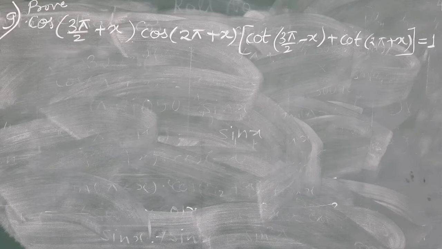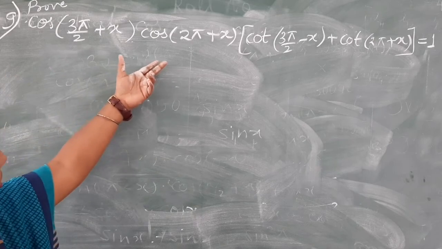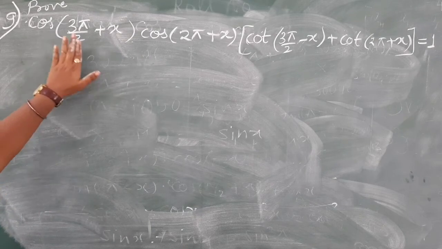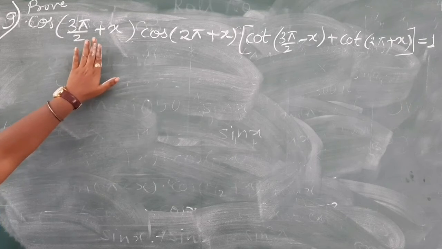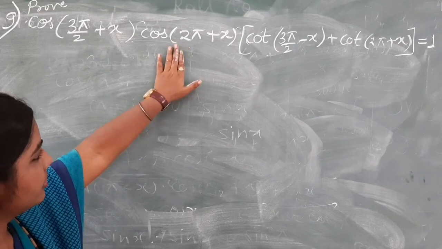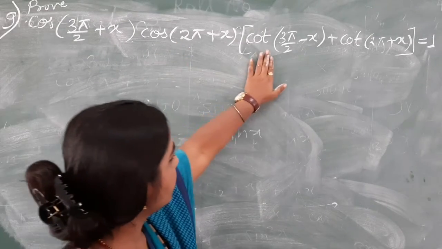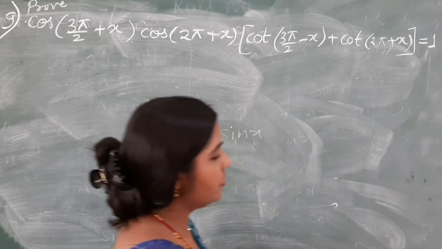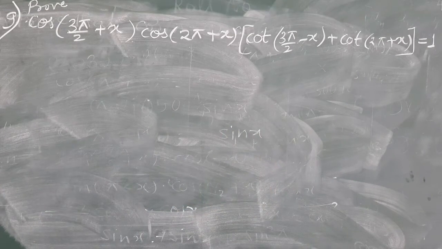Here in the left hand side, all functions are in quadrant forms, means cos of 3 pi by 2 plus x, we can apply its value. Now cos(2 pi plus x), we know the value. Similarly, cot(3 pi by 2 minus x) value we know, and cot(2 pi plus x) value also we know. So we will apply it directly.